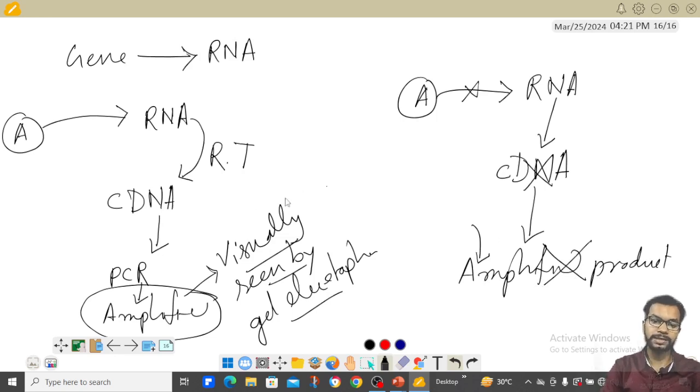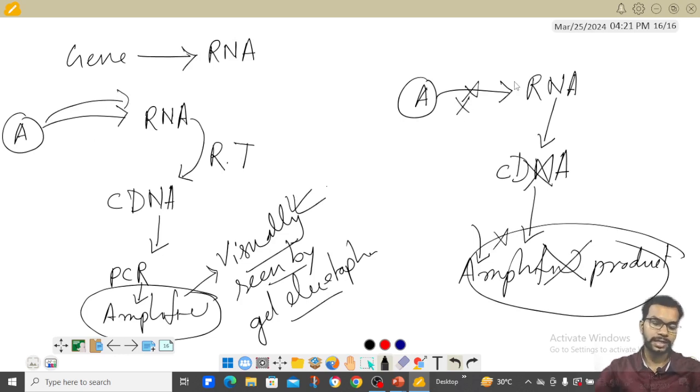So if there is an amplified product, that means the gene has expressed itself, and if there is no amplified product, that means the gene has not expressed itself. In this way, by using RT-PCR, we can analyze gene expression.